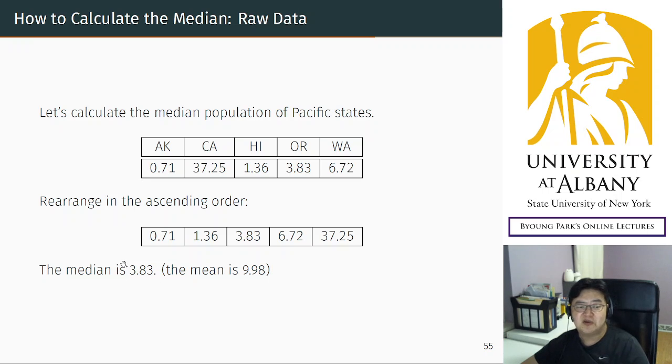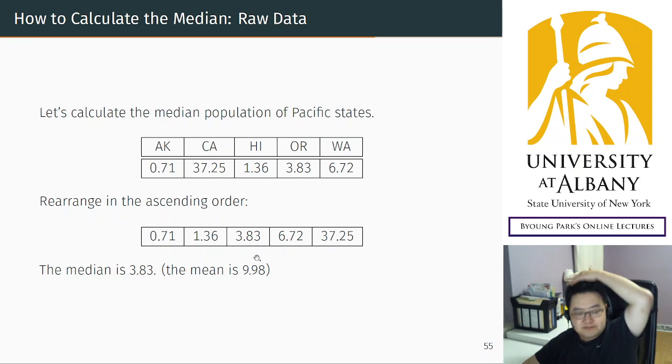What's interesting here is if you calculate the mean of these 5 numbers, the mean is nearly 10 million. It's more than double the median. So, as I said, the mean and the median can be very different, and usually they are different.